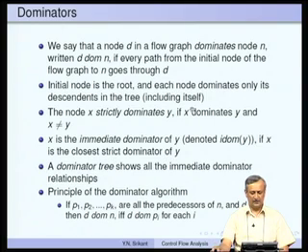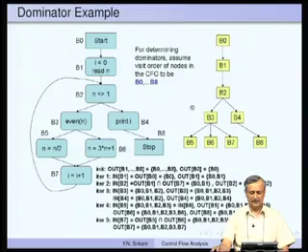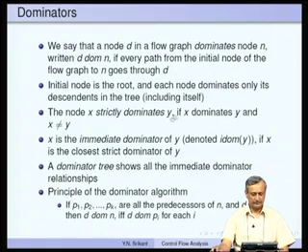In other words, B2 immediately dominates B3, B2 immediately dominates B4, but B2 does not immediately dominate B6, whereas B3 immediately dominates B5, B6 and B7. So, the tree actually shows only the immediate dominator relationship. That is what is said here.